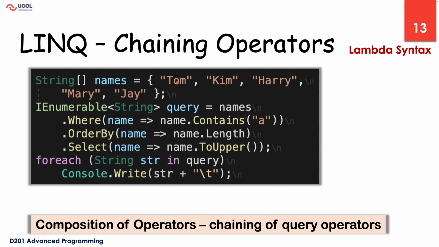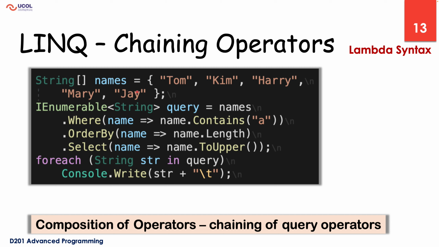Tom will be excluded, Kim excluded, Harry included, Mary included, and J will also be included. So with names where that condition is fulfilled, Harry, Mary, and J are going to be returned.